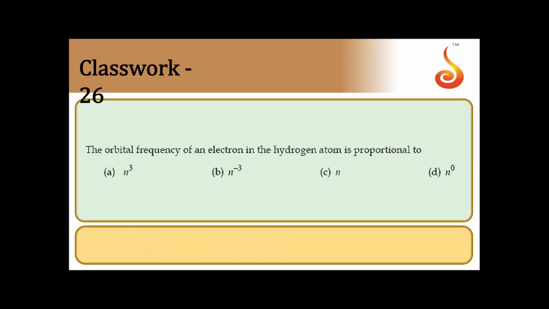Yes, we shall move on to next one. The orbital frequency of an electron in the hydrogen atom is proportional to n cube, n to the power minus 3, n to the power 0. You know that time period of revolution of electron is 4 epsilon naught square n cube h cube divided by m Z square e to the power 4.